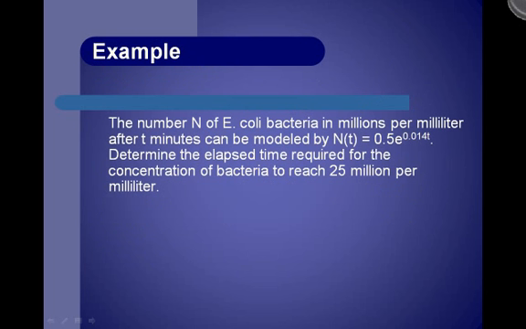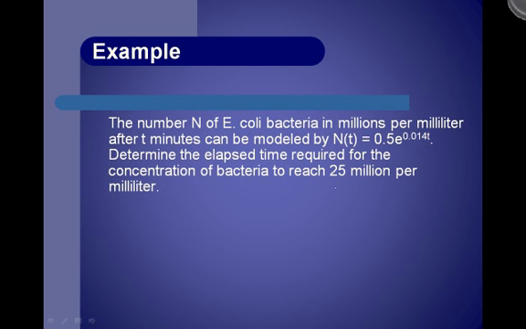So an example: the number N of E. coli bacteria in millions per milliliter after t minutes can be modeled by the function N of t is equal to 0.5 e to the power of 0.014t. Determine the elapsed time required for the concentration of bacteria to reach 25 million per milliliter.